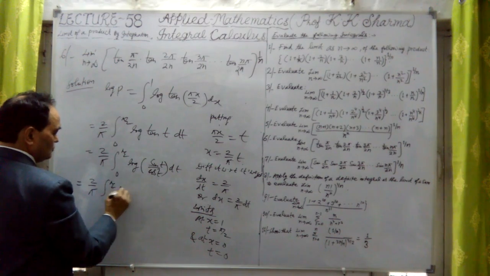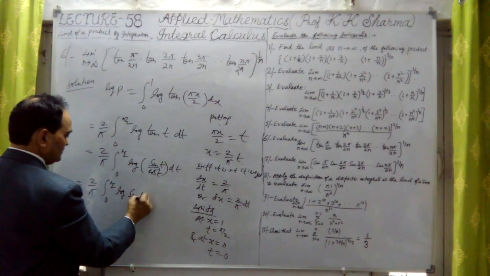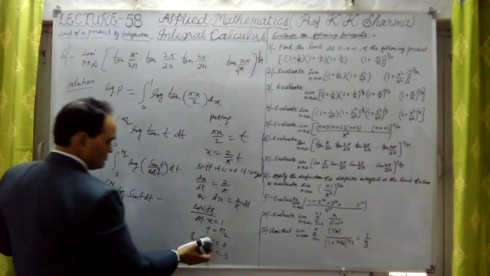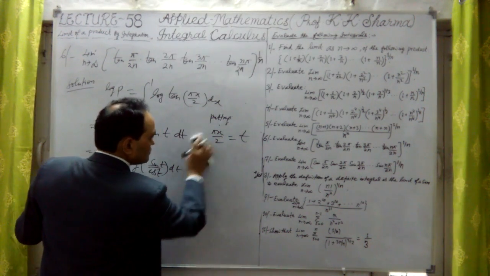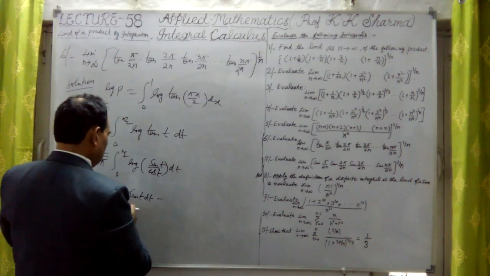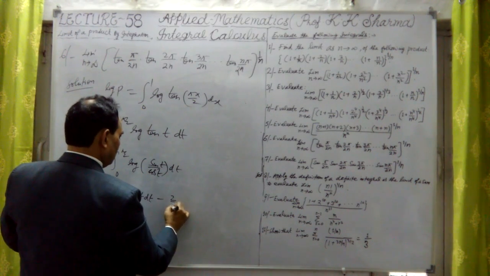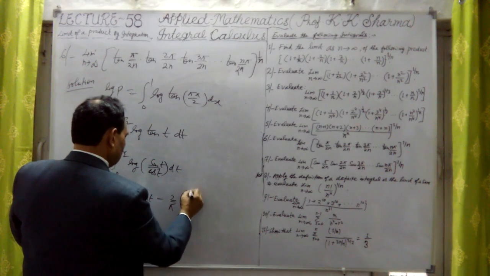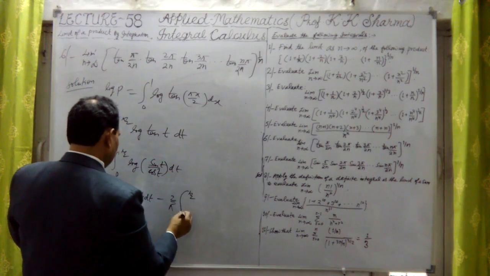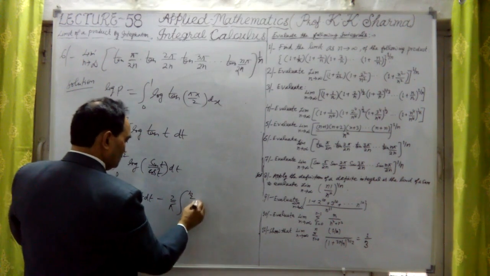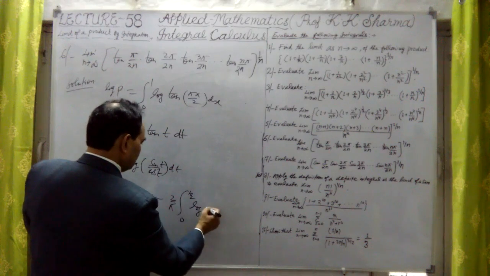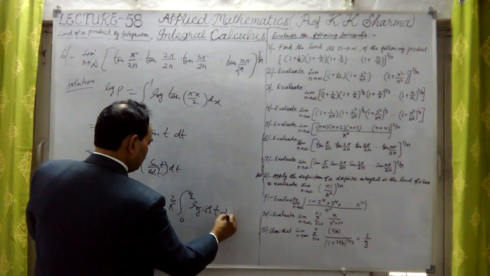It is nothing but log of sin t dt minus log cos t. It is 2 upon pi, limits 0 to pi by 2, log of sin t upon cos t, with cos t in the denominator, dt.